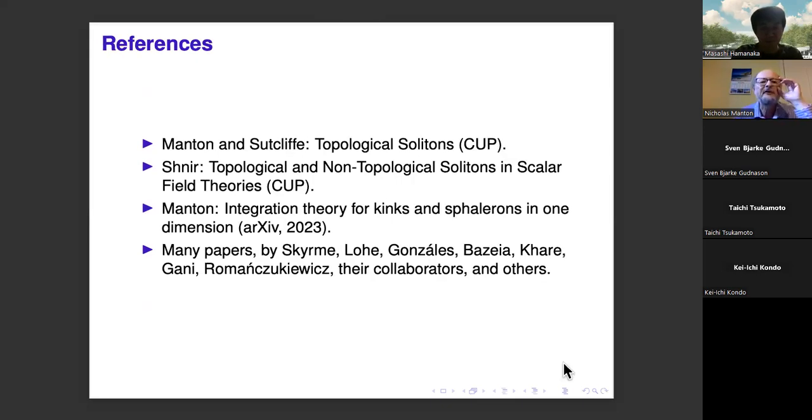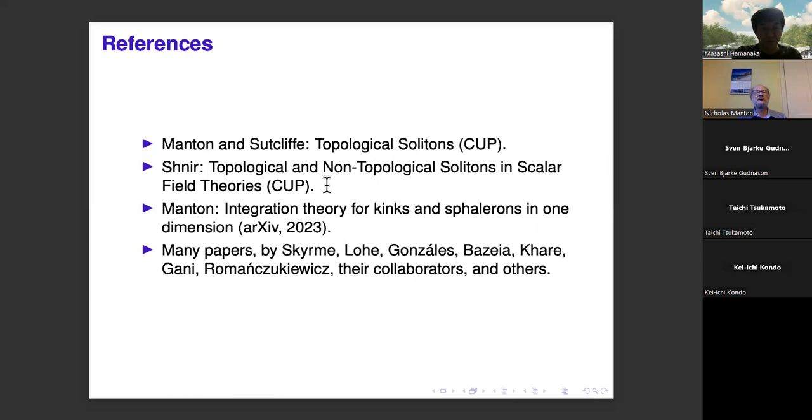And here are just some references to this whole subject. It's a very big subject. Many people have worked on it, so this is very incomplete. I've written a book with Paul Sutcliffe, Topological Solitons, which is now not particularly new. Yasha Shnir wrote another book, Topological and Non-topological Solitons in Scalar Field Theory. So there's a lot there about kinks of various kinds.